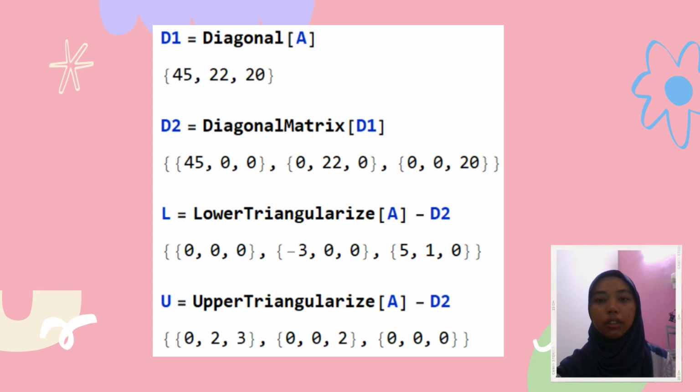So L is the lower triangularized, A minus D2. So we will get 0 0 0, -3 0 0, and 5 1 0. And then for the upper, which is U, upper triangularized, A minus D2, we will get 0 2 3, then 0 0 2, and lastly 0 0 0.